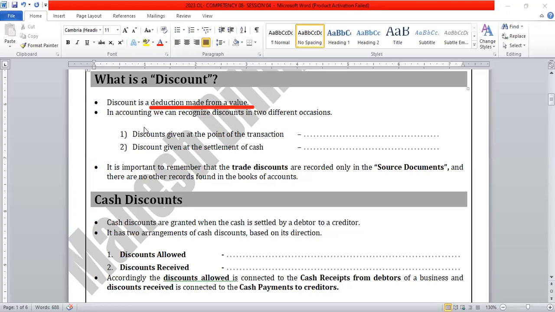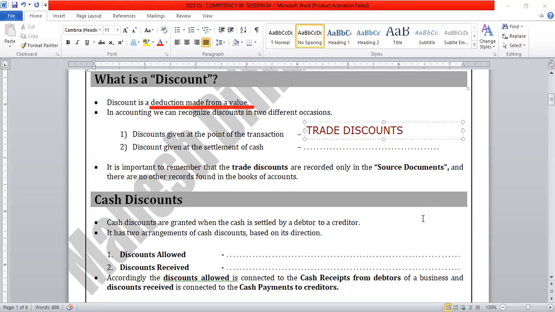Do you know in accounting we recognize the concept of discounts under two arrangements? First one is called trade discounts.